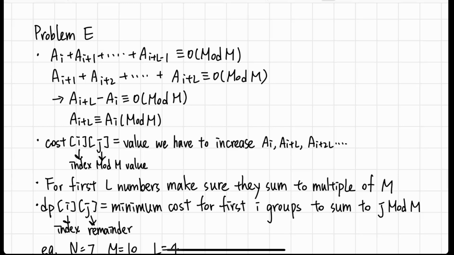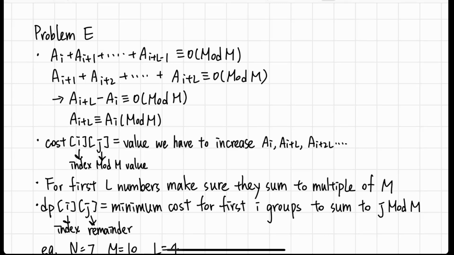And the next sequence of L numbers also needs to sum to a multiple of M. If we subtract this equation from this equation, then we get A(I+L) minus AI equals 0 modulo M. This is because these values all cancel out, and what's left is this one and this one.